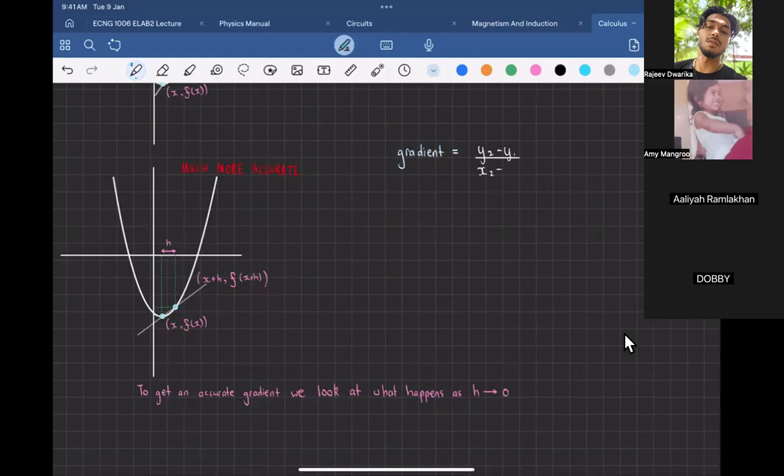Nice. And in these kinds of questions, we always consider x to be the first point. So this is the first point, and this will be the second point. So can you tell me what the gradient formula would look like?